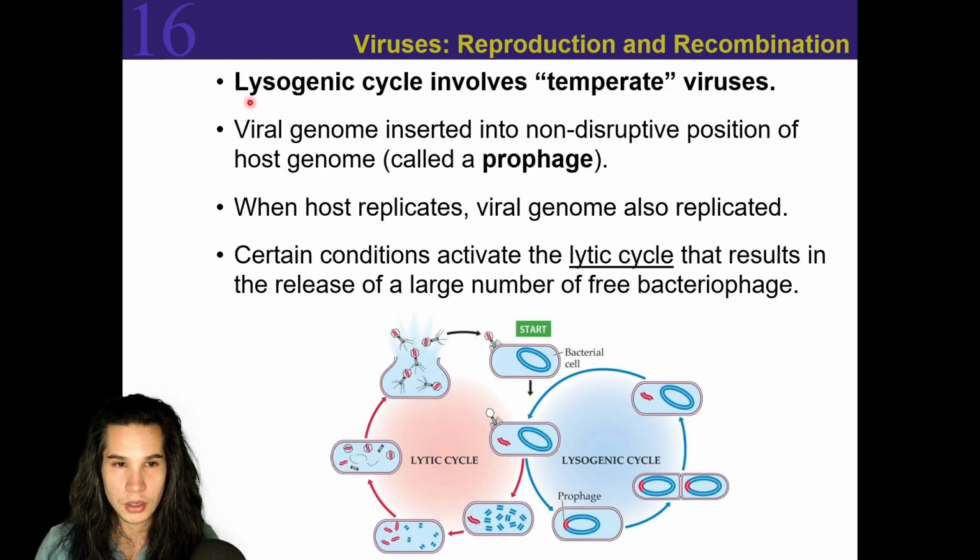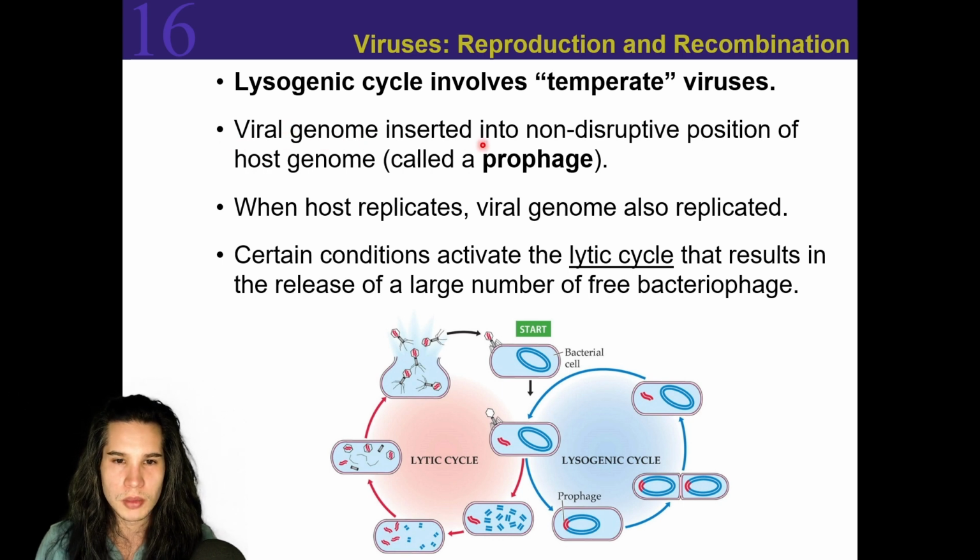Now, if you're undergoing the lysogenic cycle immediately, we generally consider these types of viruses to be temperate. HIV is a prime example of this, where you might not even notice the effects of the infection for 5 to 10 years later.